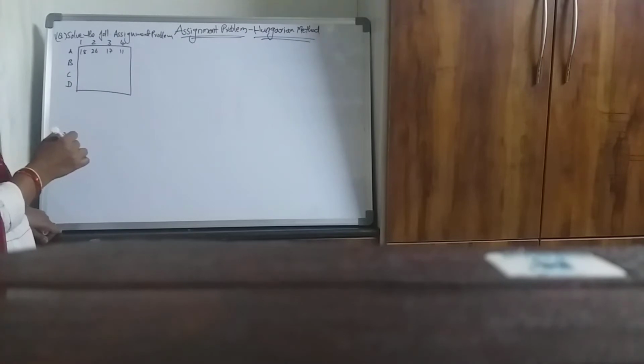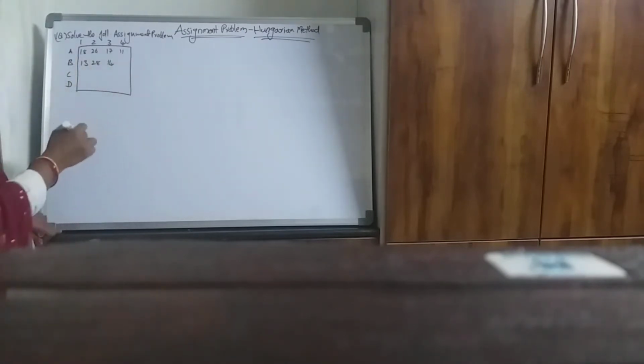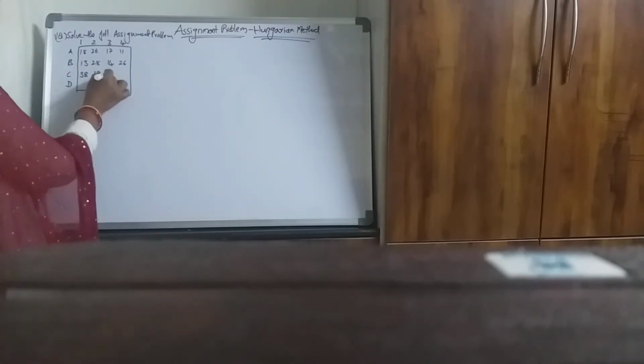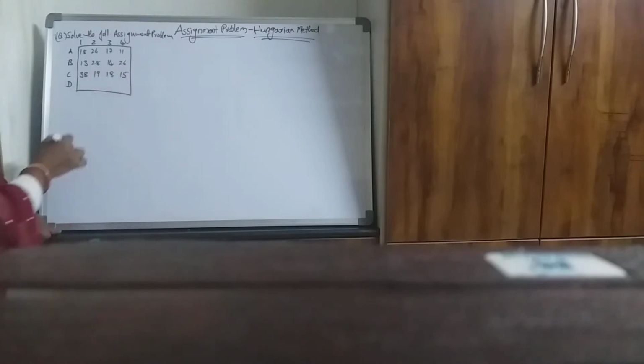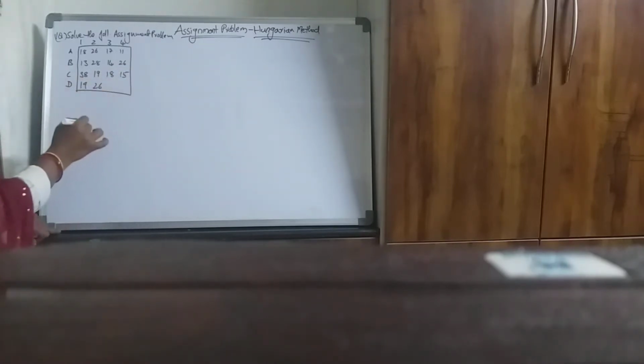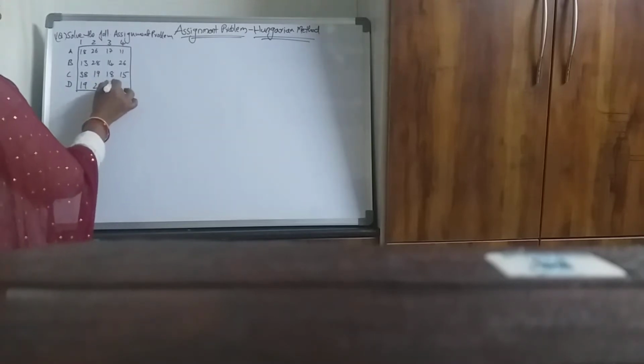Similarly by B it is 13, 28, 14 and again 26. Then for C 38, 19, 18, 15. Then you have 19, 26, 24, 10.